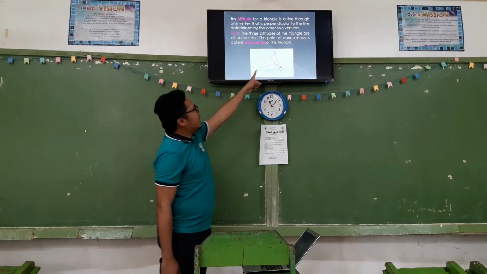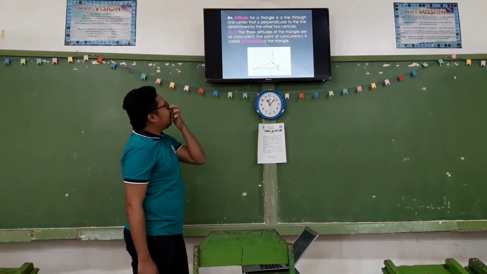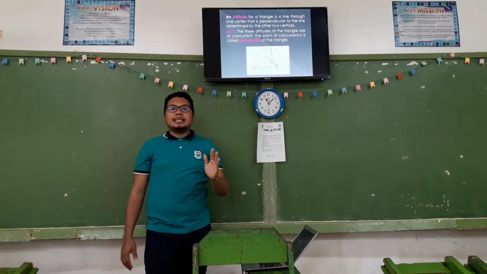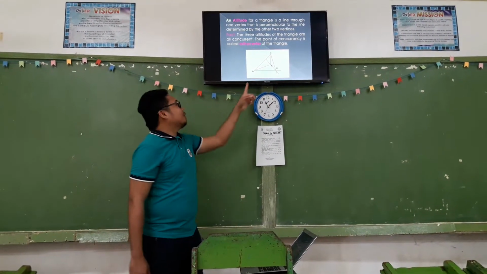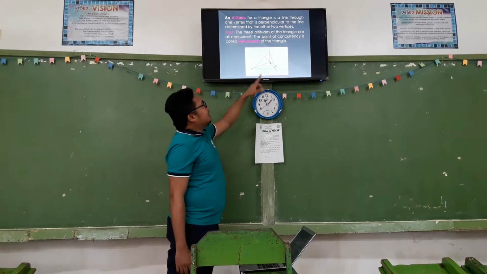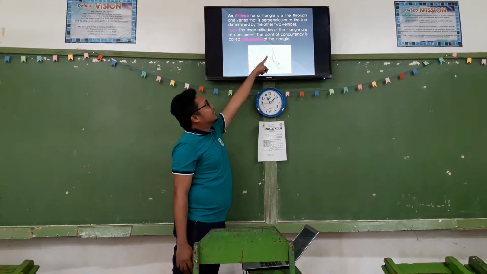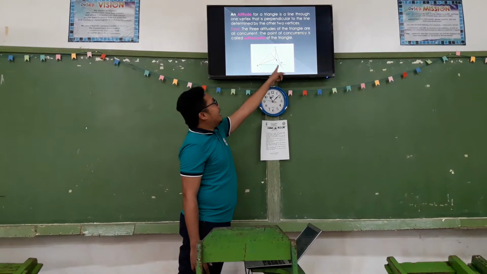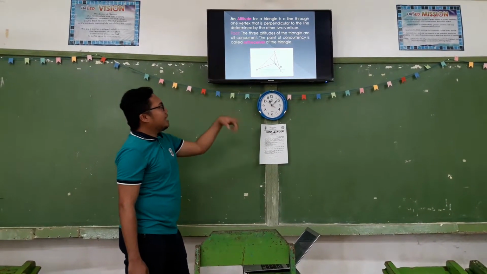We have triangle ABC. If we are going to create the altitude, this line must be perpendicular to that line, for example AC. So the altitude is HD, so HD is the altitude of AC.